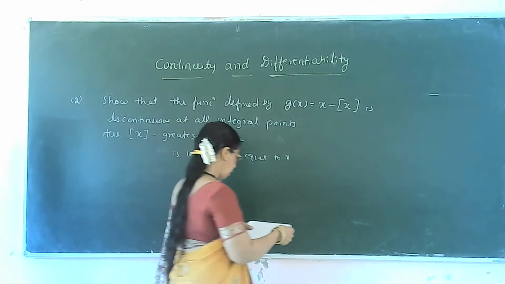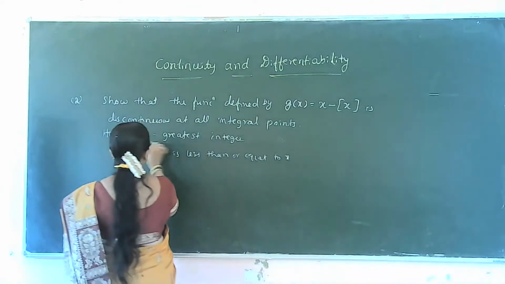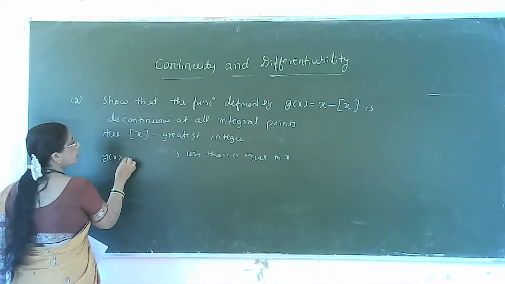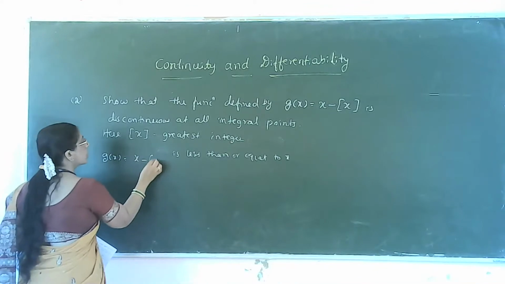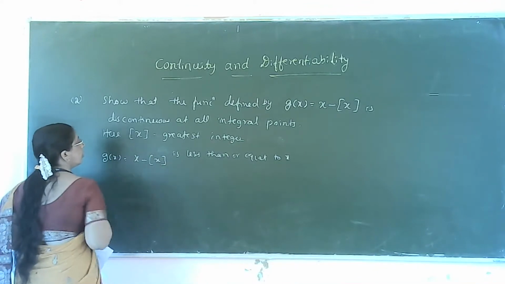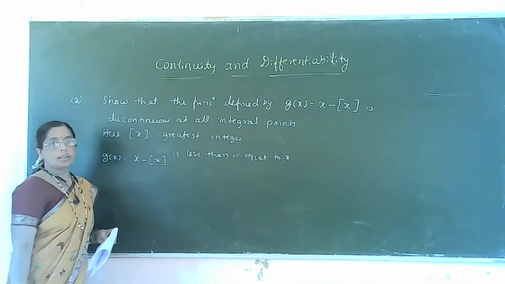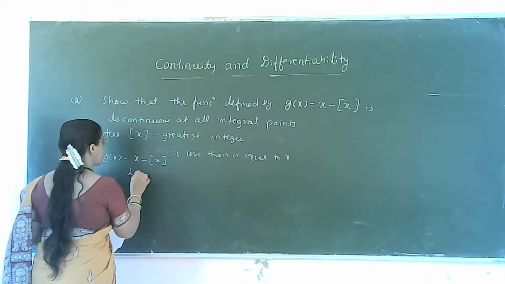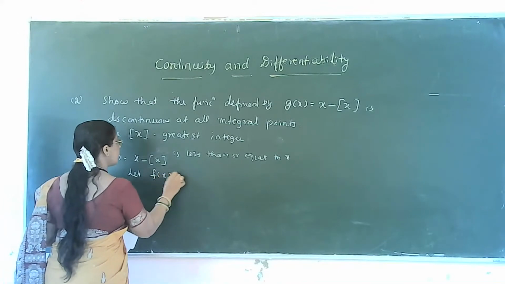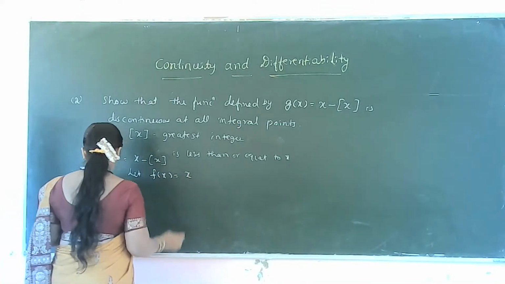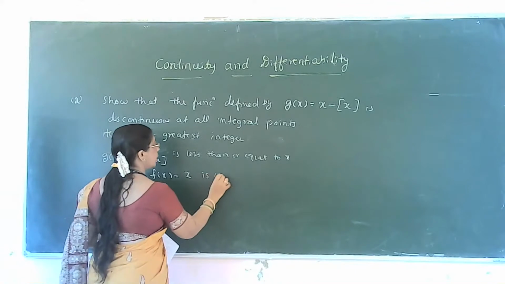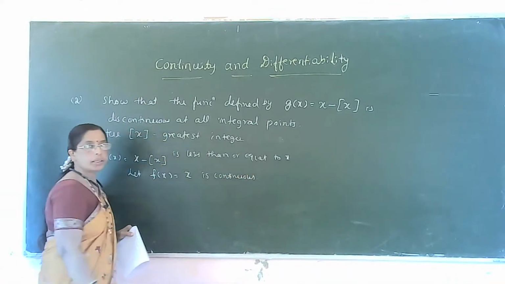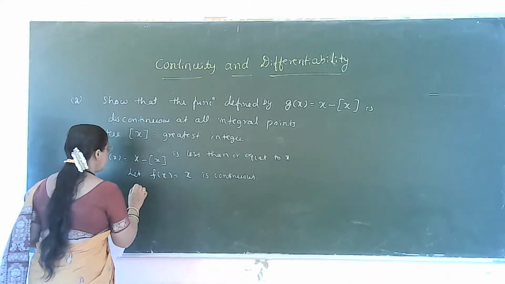You already know there are two functions here. g of x is equal to x minus the greatest integer function of x. Here let f of x equal to x, which is continuous because it's a polynomial function.